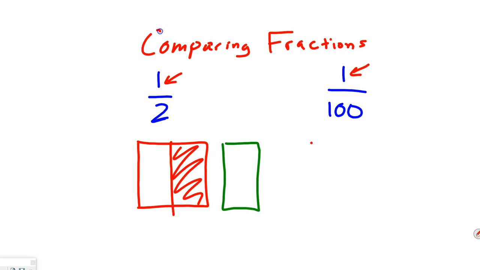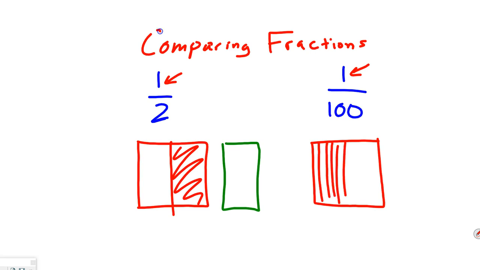Now the 1/100th. That means I have a pizza the same size as the other one, but now this pizza is cut into 100 slices. That's my denominator, 100 slices. And I ate 1 slice. Bam, there it is. That 1 slice. All right, let's see which one's bigger.